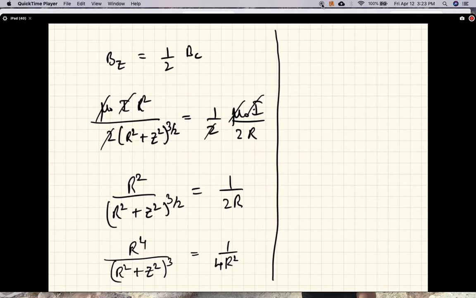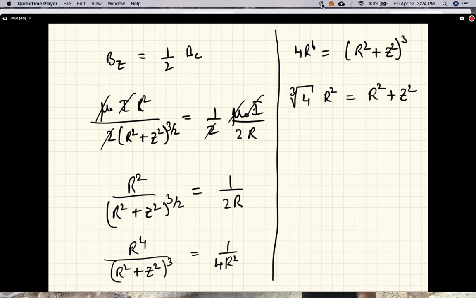So what we have is 4 r to the power 6 equals (r squared plus z squared) cubed. And now we'll take the cube root of all of this. So the cube root of 4 r squared is equal to r squared plus z squared.